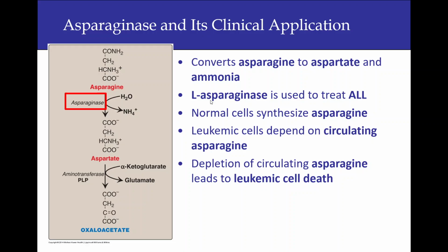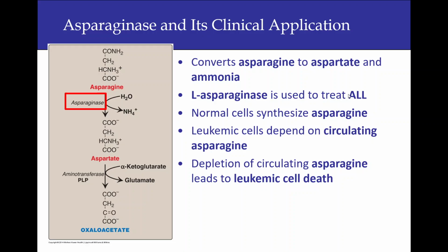Well, it turns out that normal cells can make asparagine, but leukemic cells need lots of asparagine and can't make enough. So leukemic cells depend on circulating asparagine, and if you deplete that circulating asparagine, that will lead to the death of the leukemic cells.